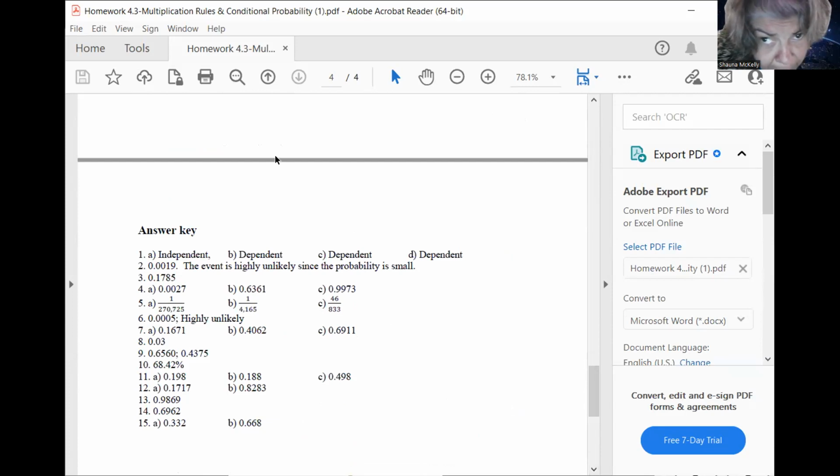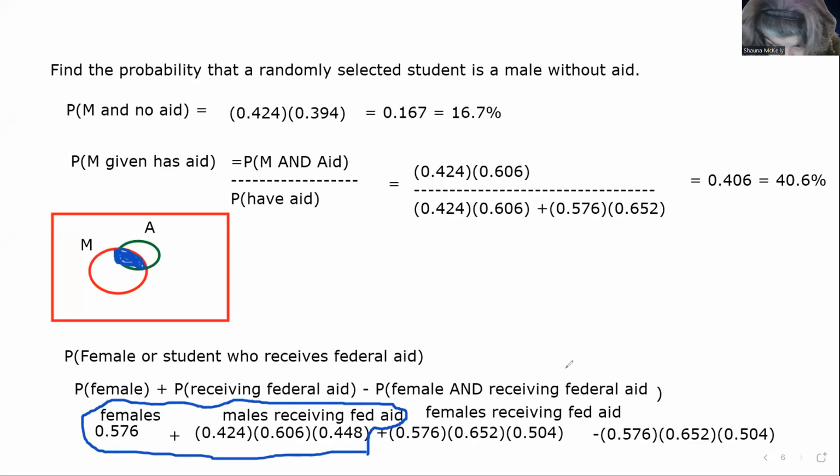So here I have this calculation, I'll put it up here, is equal to 0.691 or 69.1%.